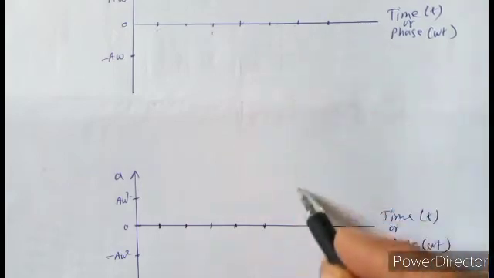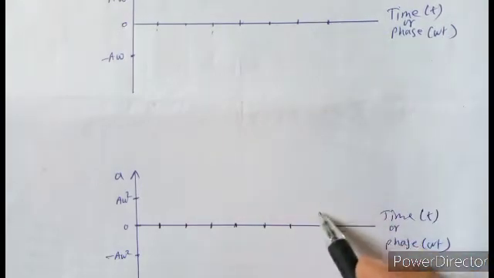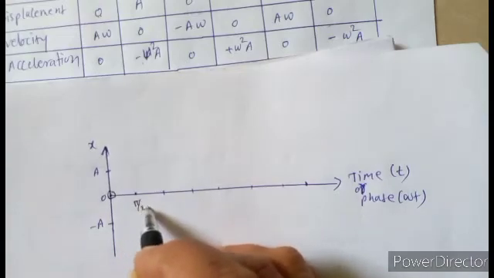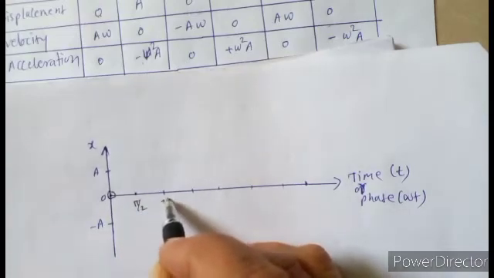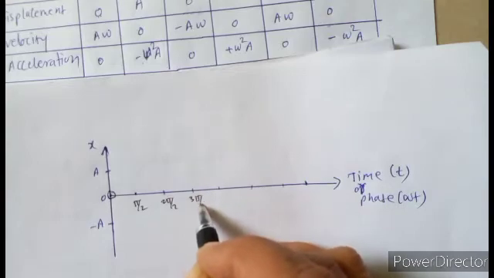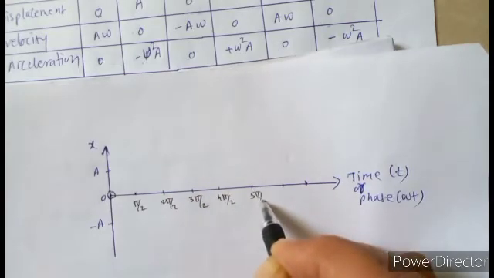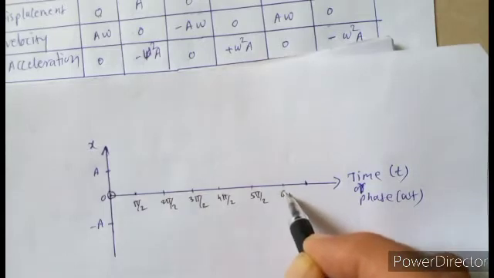5, 6, 7. Then write the phase values: pi by 2, 2 pi by 2, 3 pi by 2, 4 pi by 2, 5 pi by 2, 6 pi by 2.